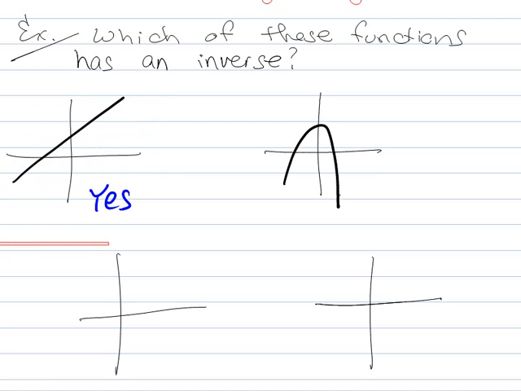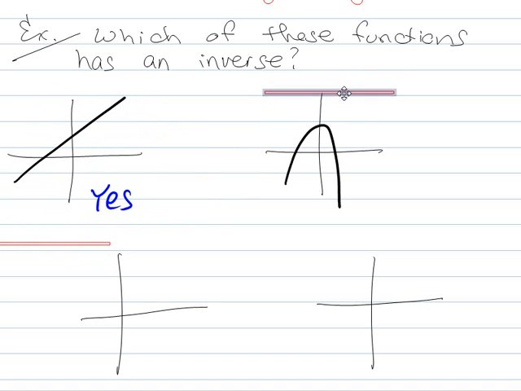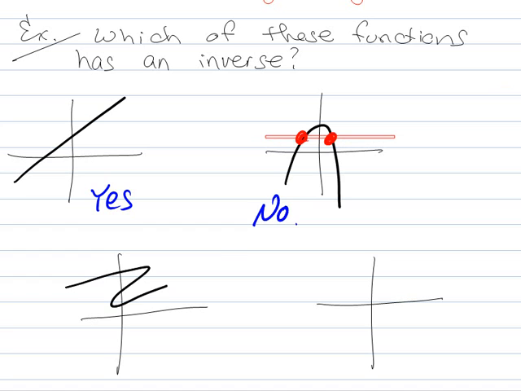What about this one? Parabola. Is that one going to have an inverse? Bring my line down. Hits, doesn't hit, doesn't hit, hits in one place, and bam. It hits in multiple places. Hits here, hits here. So, no, that one doesn't have an inverse. What about this one?